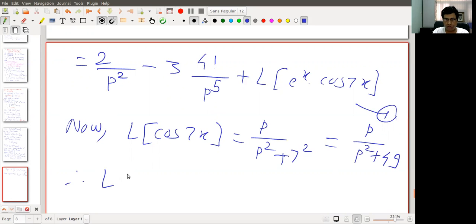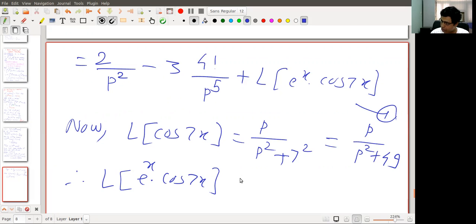Therefore, Laplace transform of e raised to x into cos 7x. Here we have e raised to minus ax, shifting property. In the shifting property we have e raised to minus ax, so here minus a is 1, here a is minus 1.